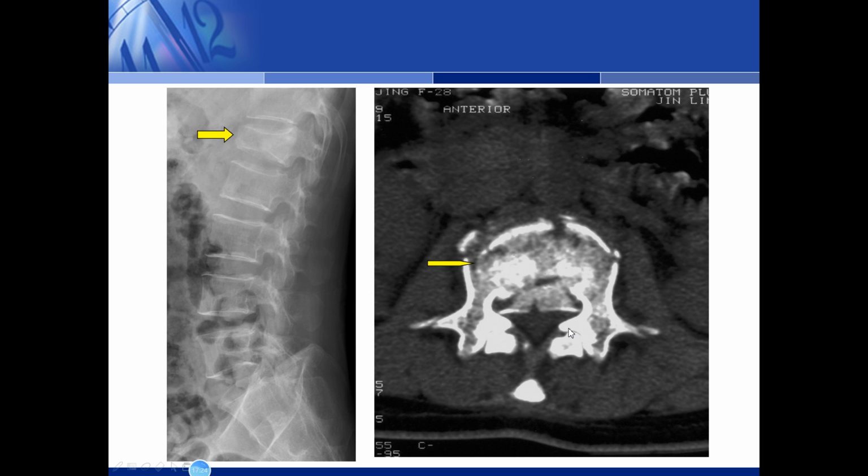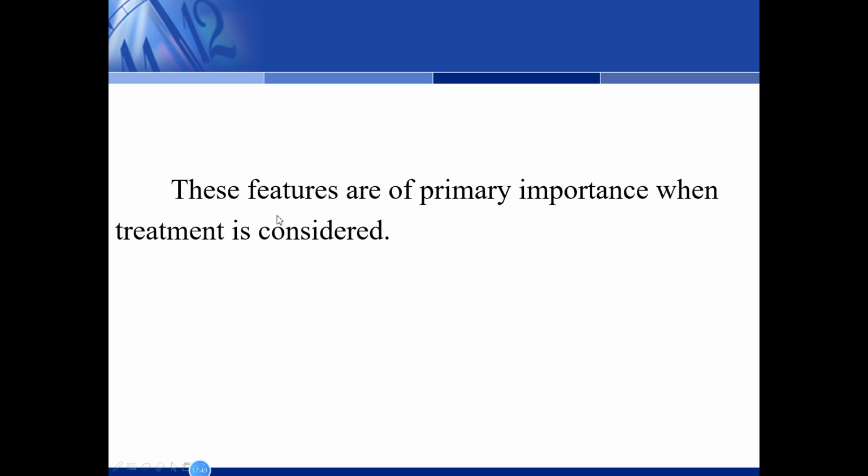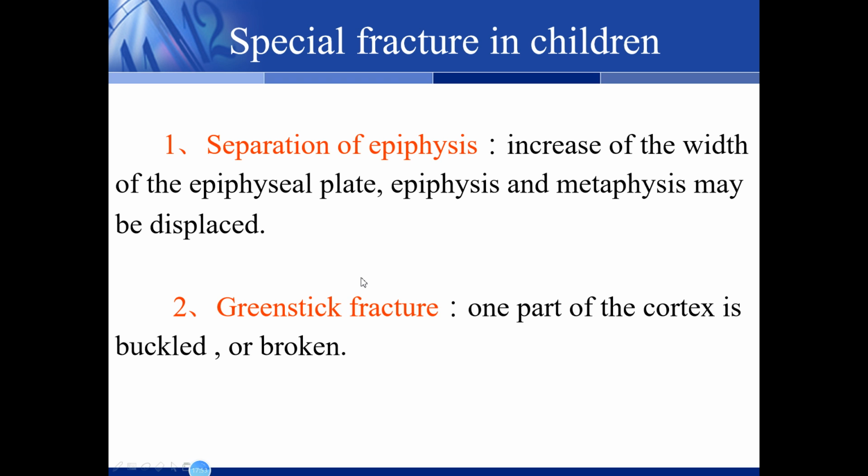If the fracture is a burst fracture, we should take a CT exam because we must find whether there are any fragments retropulsed into the spinal canal. This is very important. These features are of primary importance when treatment is considered.